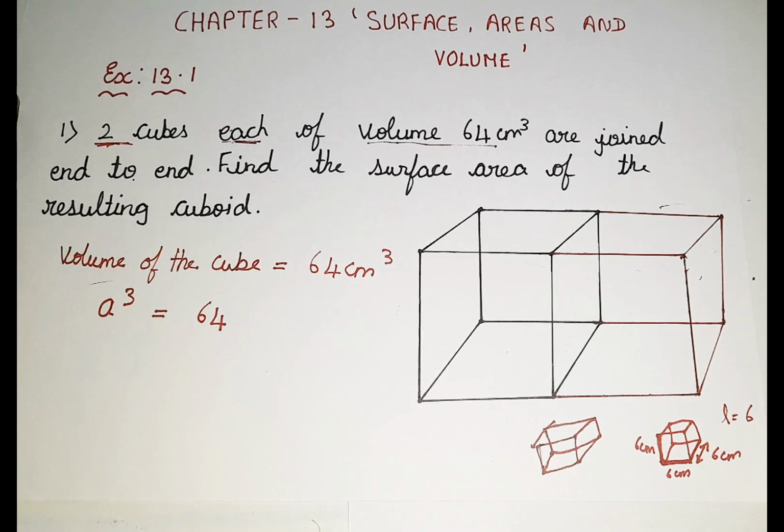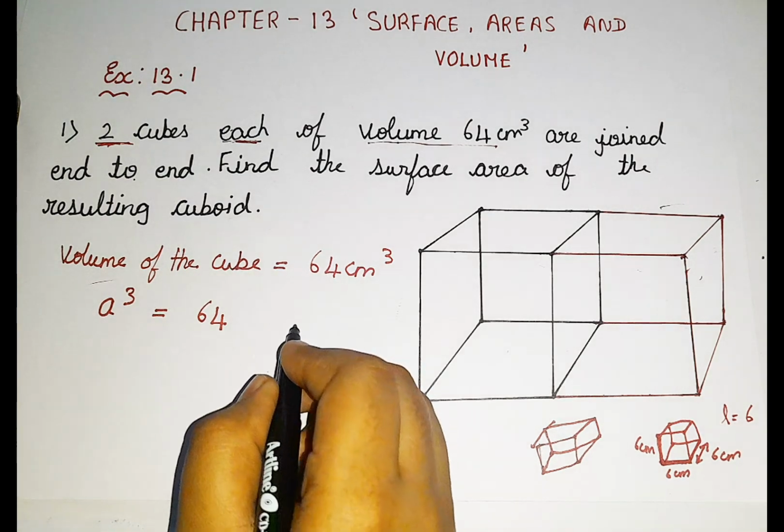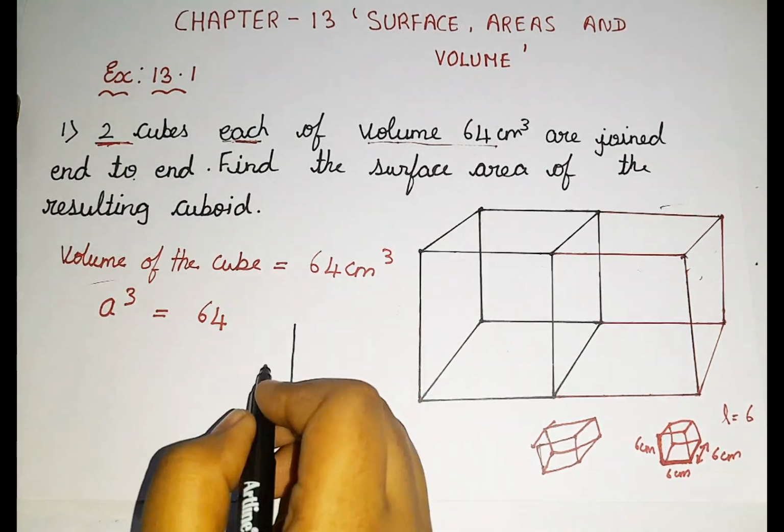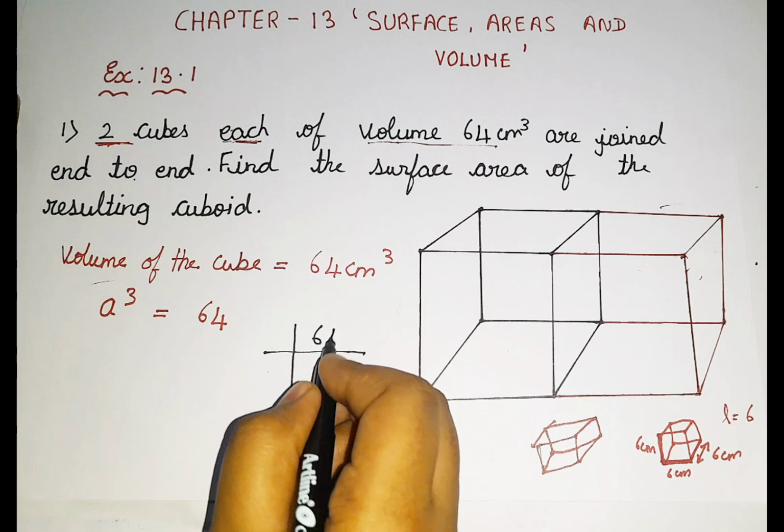So now what I am going to do is take factors of this 64. How to take factors? Like this, we are supposed to take the factors. So let us take the factors of 64.